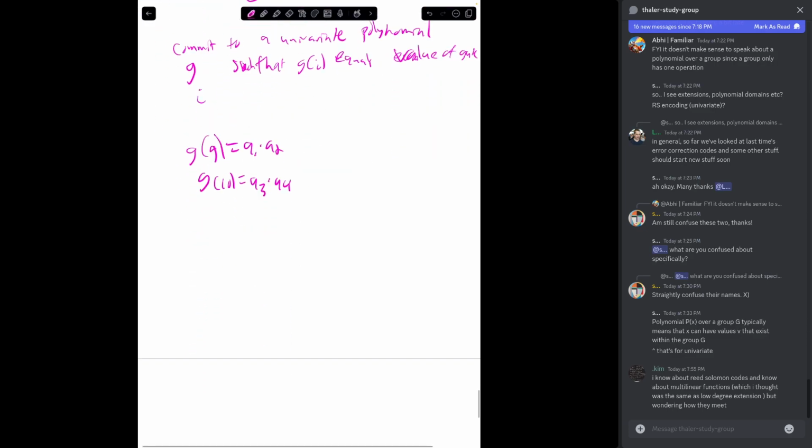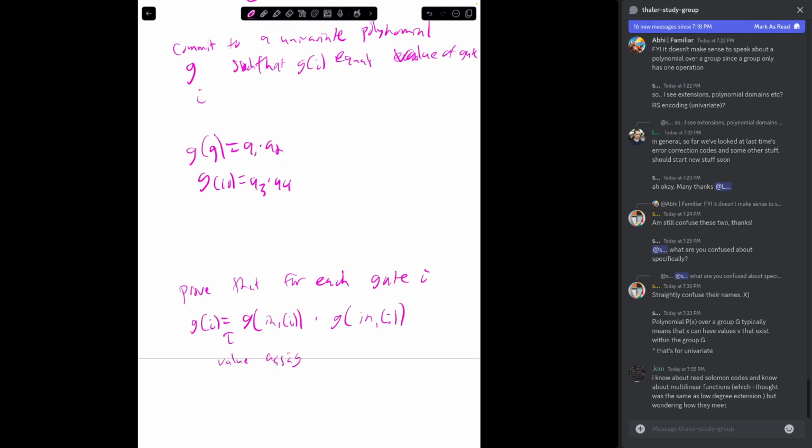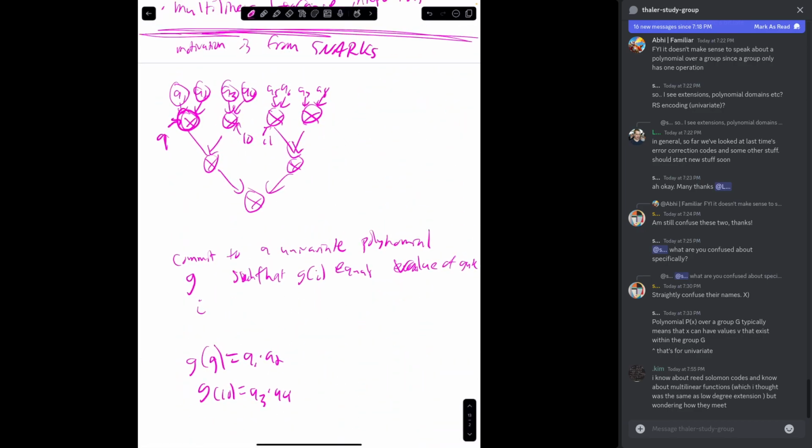And then the prover would prove that for each gate i, G of i equals G of the first in-neighbor of i times G of the second in-neighbor of i, and this equality is capturing that the value assigned to gate i is the correct one, and in that way the prover proves that he correctly evaluated the circuit gate by gate.